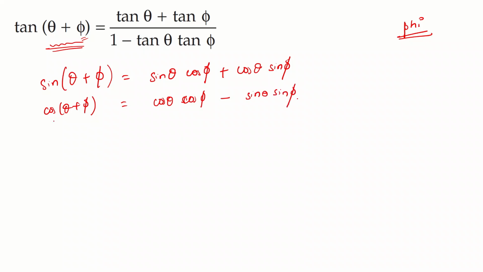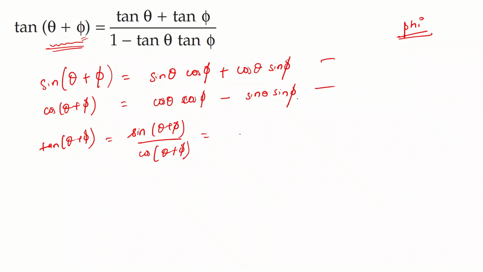Alright, now tan(theta plus phi), we already know that tan is equal to sin by cos. So tan(theta plus phi) is sin(theta plus phi) divided by cos(theta plus phi), and we just put in the values from here.